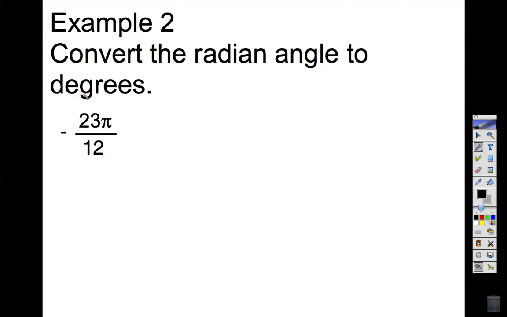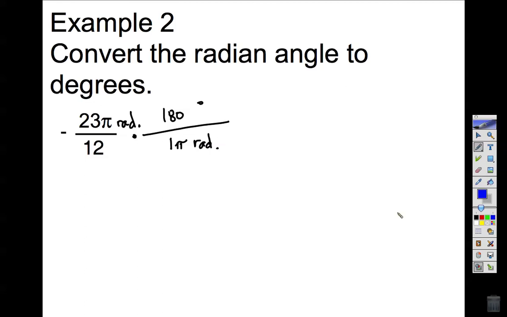In the second example, I'm asked to convert the radian angle to degrees. So now I start off with this, and we are told this is in radians. We're going to multiply that by our conversion. Radians need to reduce out, so radians go in the denominator and degrees in the numerator. There are 180 degrees in 1 pi radian.